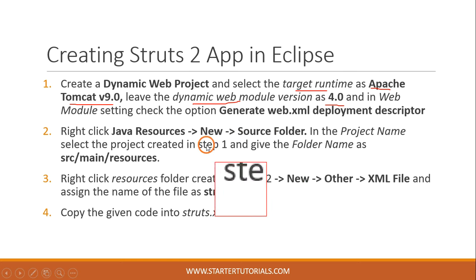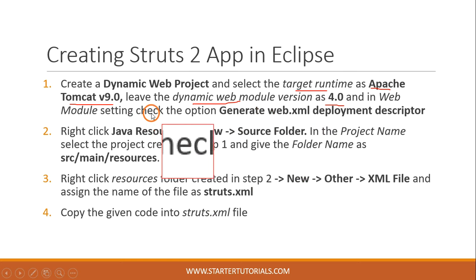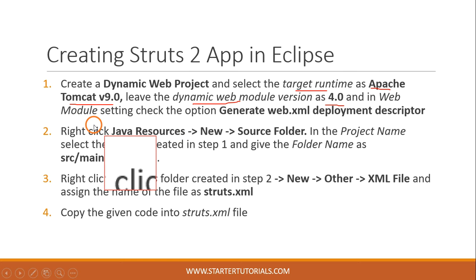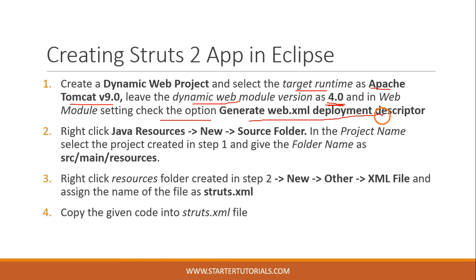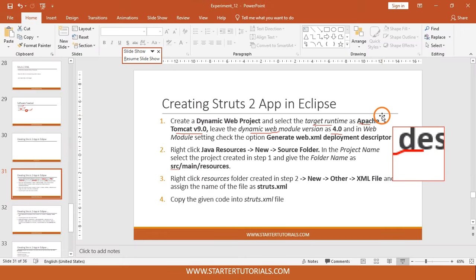And the last thing you need to take care of is, after leaving this version as 4.0, you need to check the option generate web.xml deployment descriptor. So let's see how to do this.